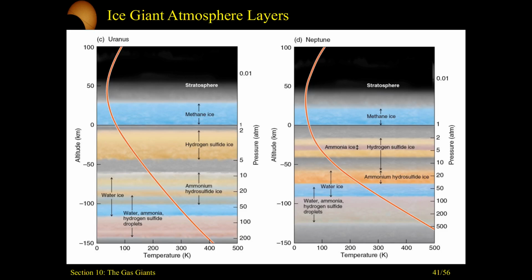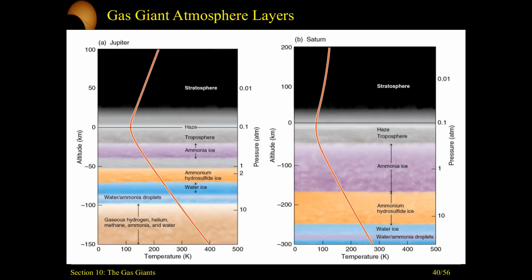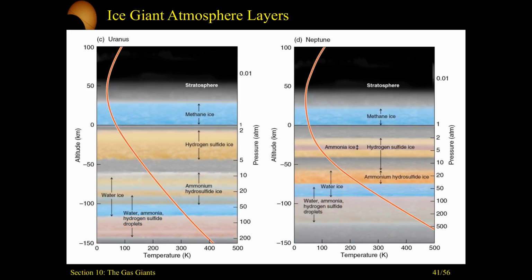Going through those details a little bit more, you've got some hydrogen sulfide ice, ammonia, water, and then just this complex chemistry soup happening. And it's in the methane ice layers that you see the storms, the weak bands in the ice giants. Whereas, going back one slide, the bands on the gas giants are what's happening up in the troposphere.